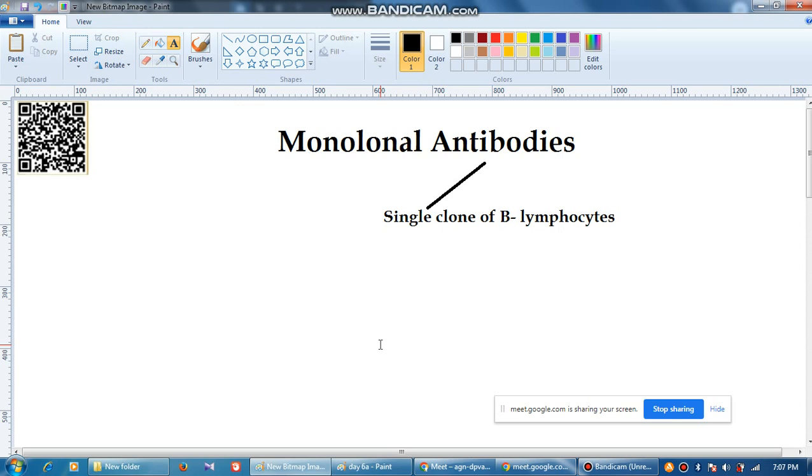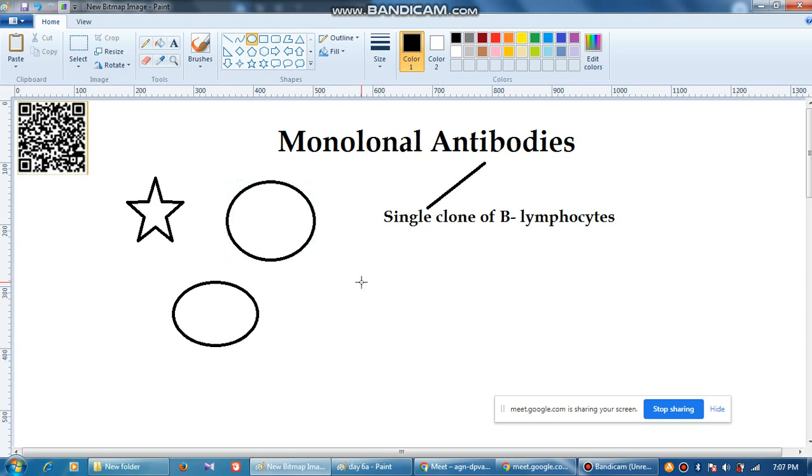Whenever an antigen enters the system, as we have spoken many a time, multiple different B lymphocytes will try to understand the structure of the antigen on the basis of the different receptors present on the surface of the B lymphocytes.